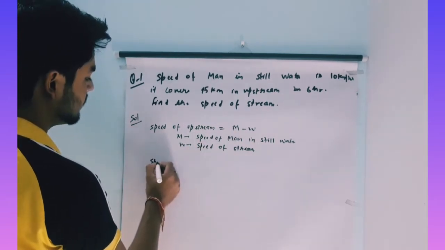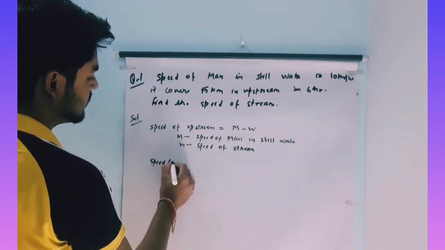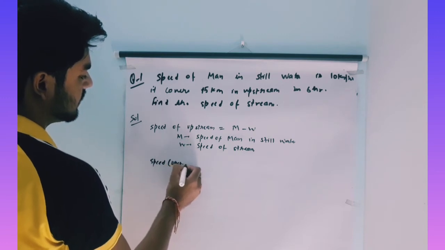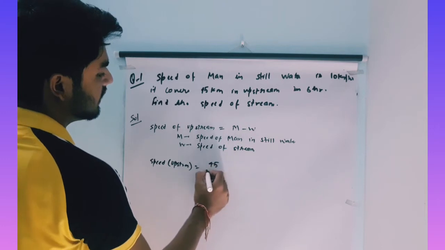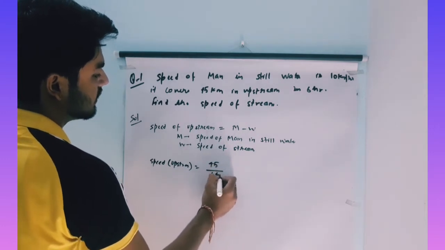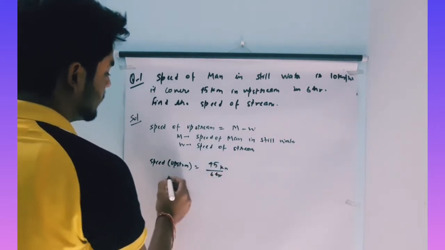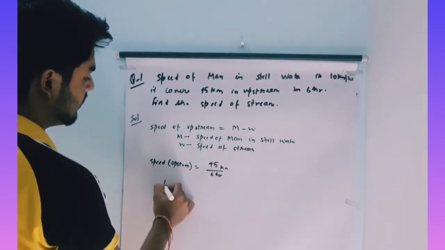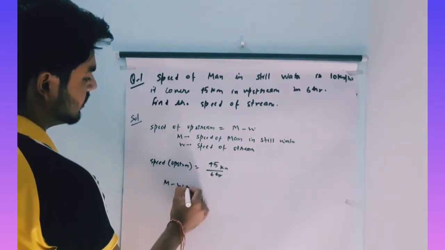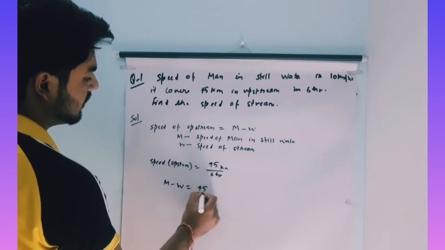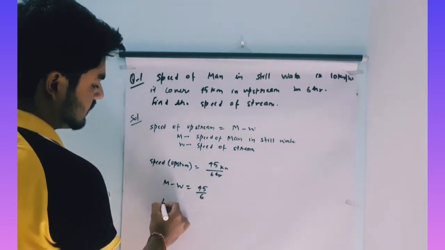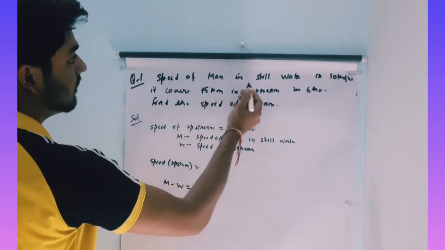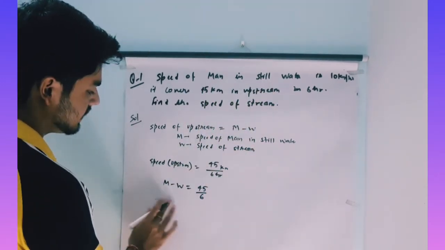So speed of upstream is equal to distance 45 km divided by 6 hours. So we know that the speed is m minus w is equal to 45 divided by 6. Here we have given the speed of man in still water is 10.